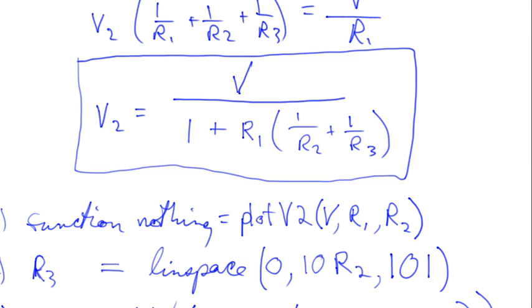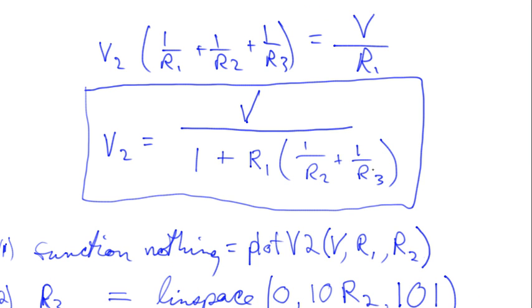Starts out at 0, goes to 5. I guess it has to get bigger somewhere along the line. But it just gets steadily and steadily bigger as I make R3 bigger and bigger, because that makes this number smaller and smaller, which makes the denominator monotonically smaller, making V2 monotonically bigger. I mean, it just keeps growing in one direction. It doesn't go up and down.